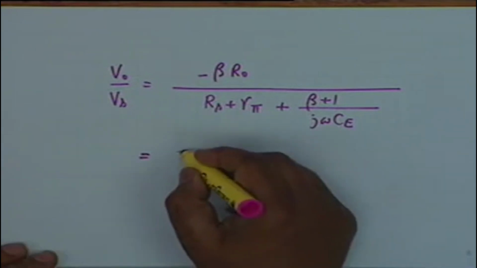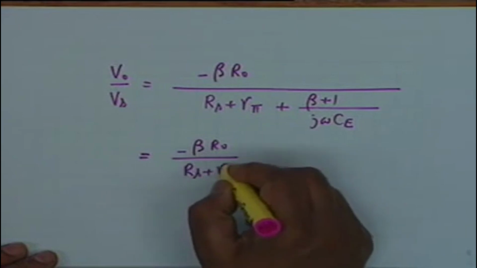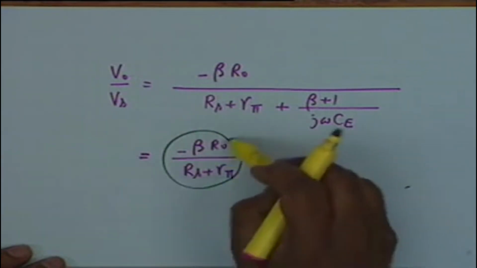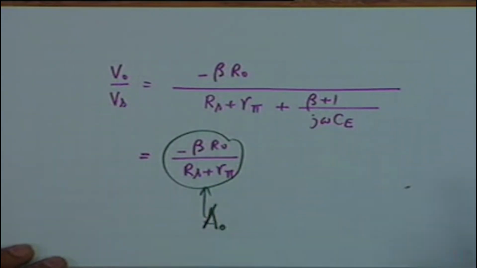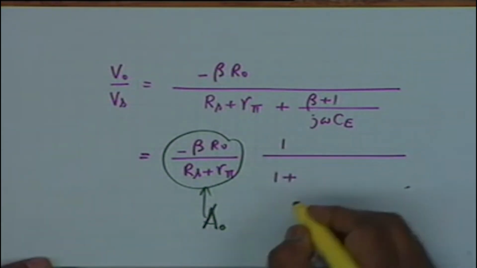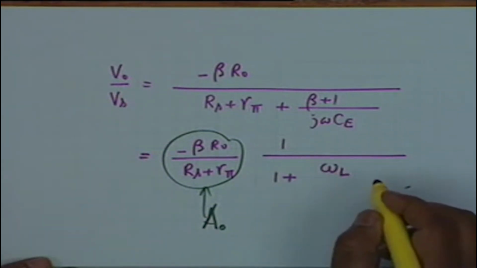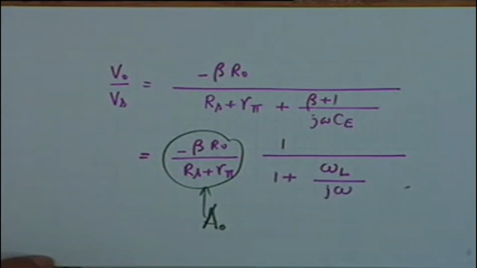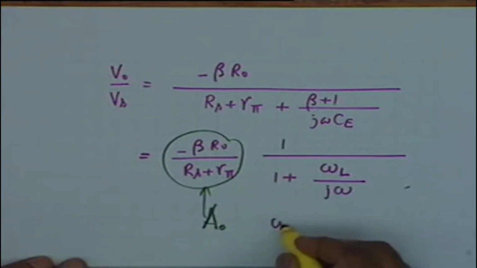I can write this as minus beta R0 divided by Rs plus R pi, which precisely is what? The mid-band gain A0, 1 divided by 1 plus omega L divided by j omega. Okay, I take Rs plus R pi common, then what is omega L?